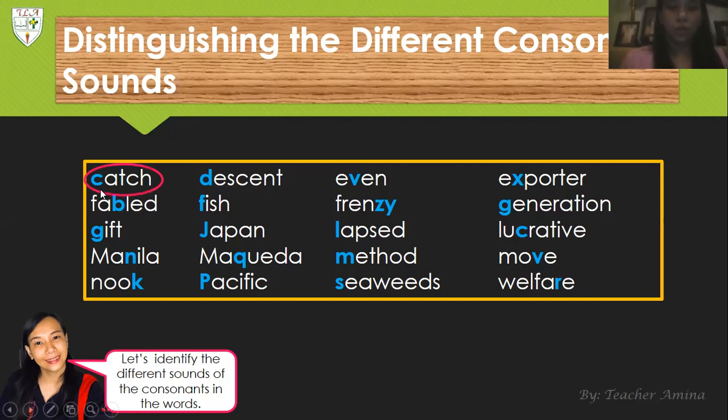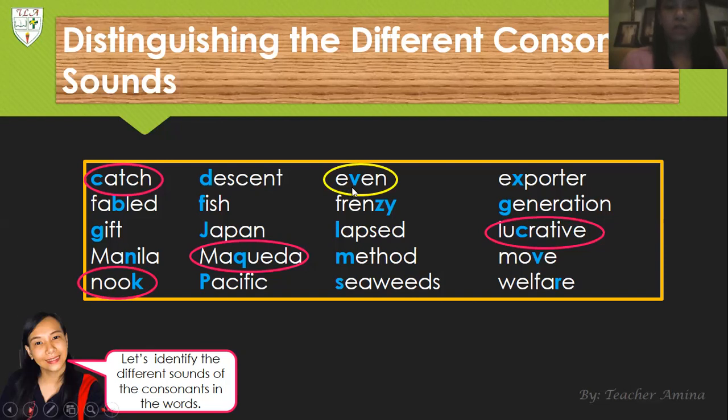So which of these words on the box has the same k sound as the one on the word catch? So you have Makeda, lucrative, and nook.